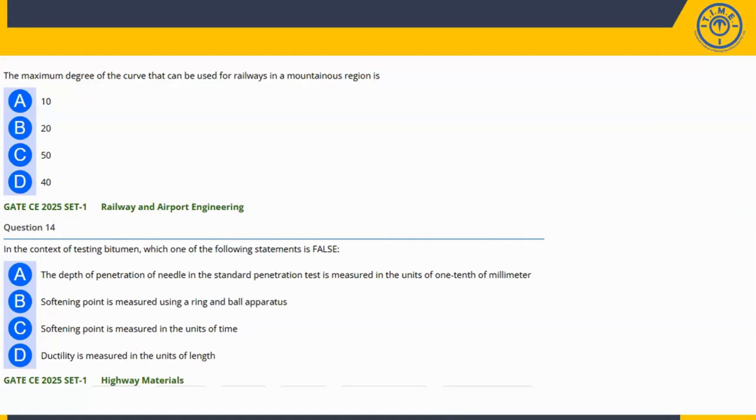How much? As per railway codes, what is the maximum degree of curve you can use? We have a fixed value, no need of calculation, direct equation. Tell me the value.